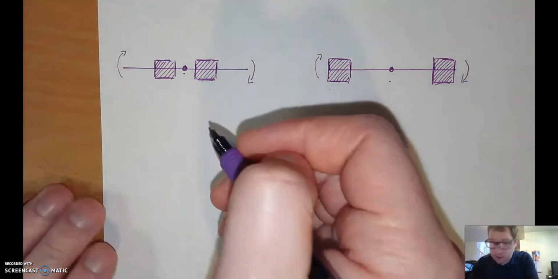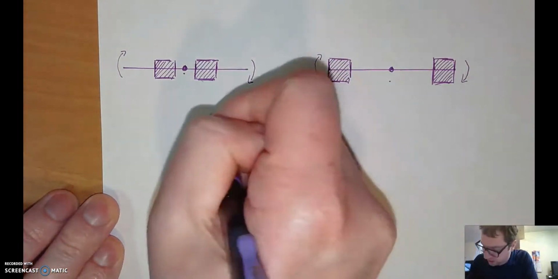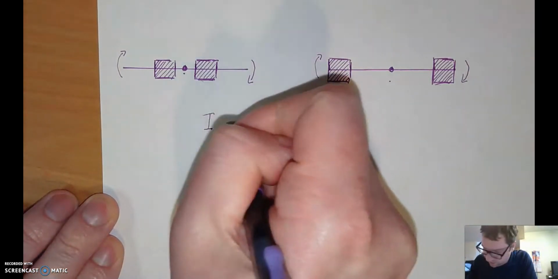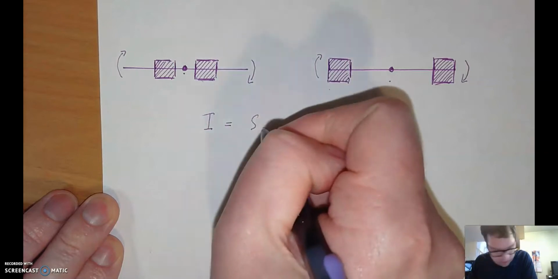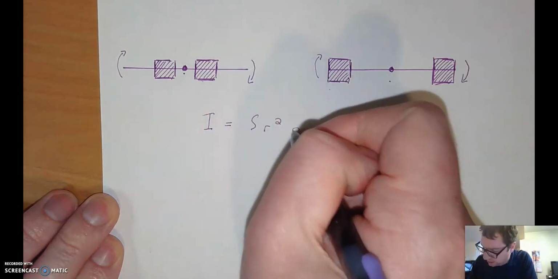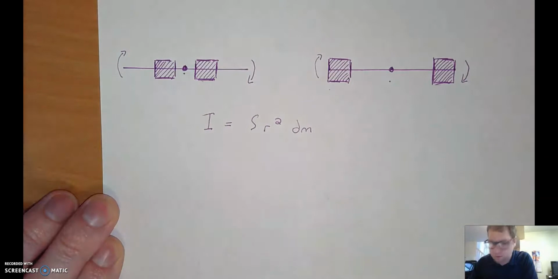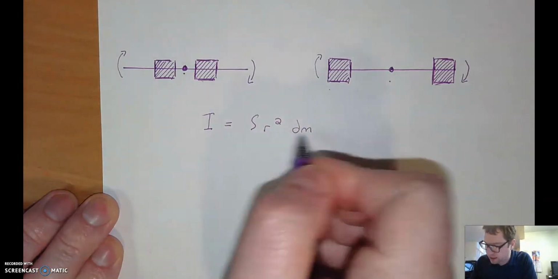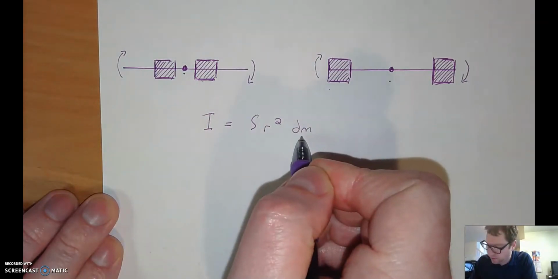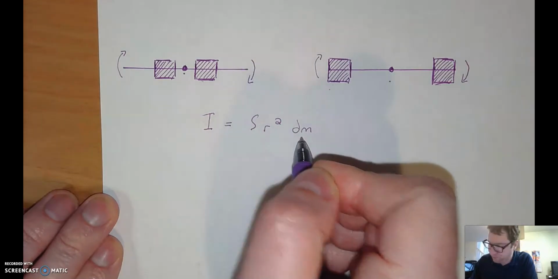So the generic equation for mass moment of inertia is I equal to integral r squared dm, where r is the radius to the mass and dm is some infinitesimally small piece of mass.